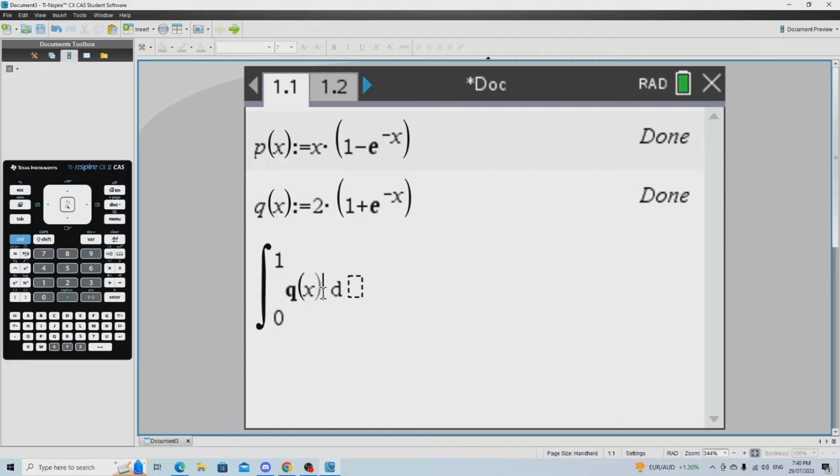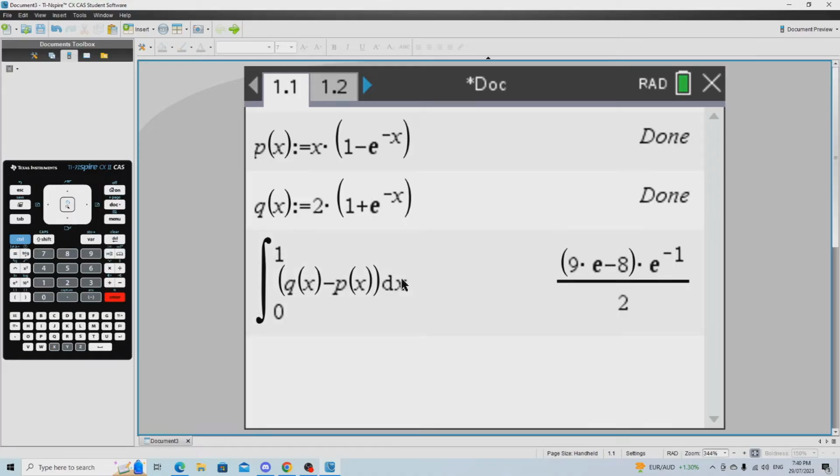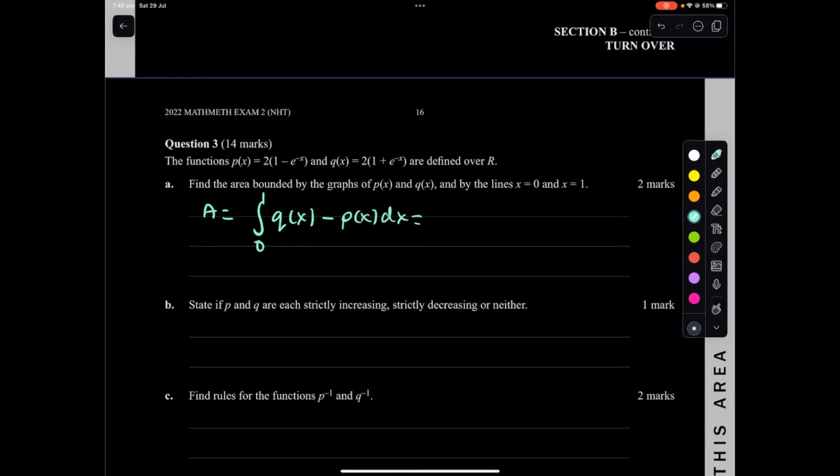So that gives us the area. Let's write this as a whole: it will be 9e minus 8 e to the negative 1, all over 2.